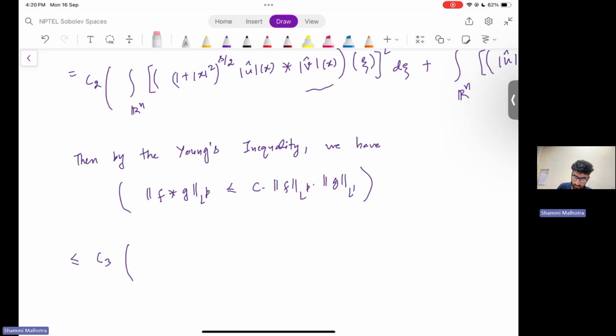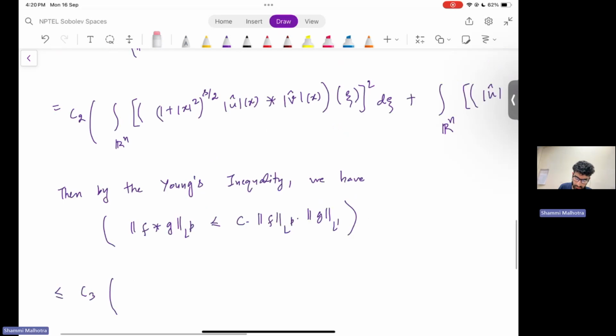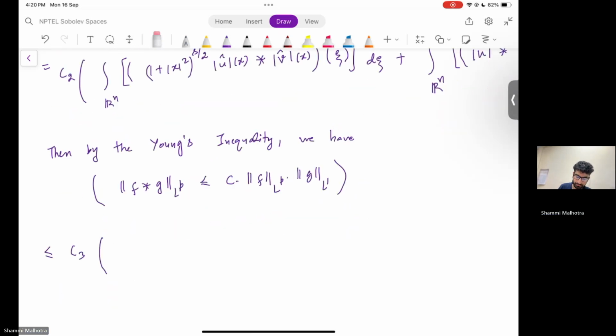So by Young's inequality, I have this thing, the integration of, so just writing directly, this is nothing but the H^s norm of u, and then we have the integration over R^n of mod v hat psi d psi, plus the same thing goes here.